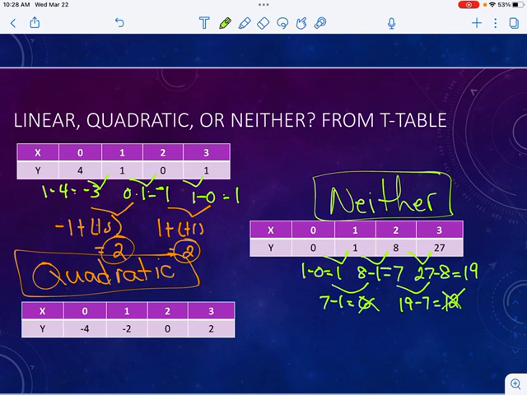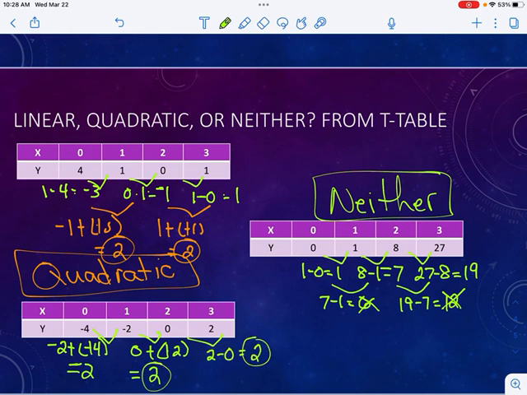Okay, and on this last one, we try it again, and we simply go negative 2 minus negative 4. Remember, go plus a positive, and that's 2. And then we come over here, and we go 0 minus negative 2, plus a positive, and that's 2. And 2 minus 0, that's 2.